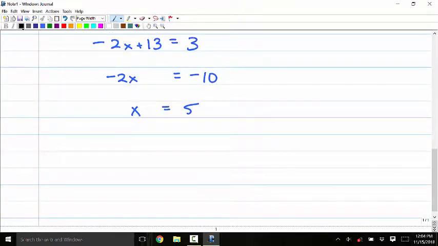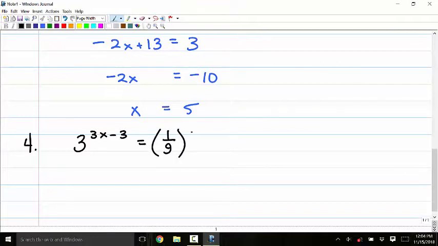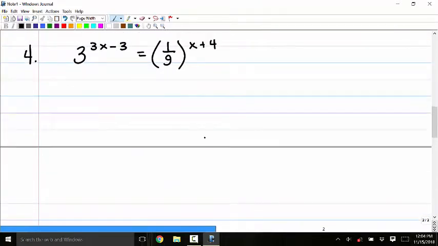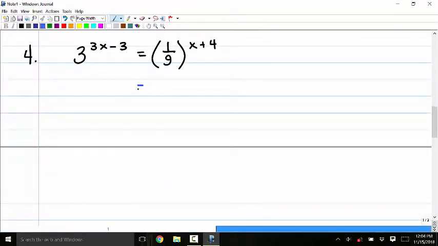Number 4. 3 to the 3x minus 3 is equal to 1/9 to the x plus 4. 1/9 is 3 to what power? No, it's a negative 1.